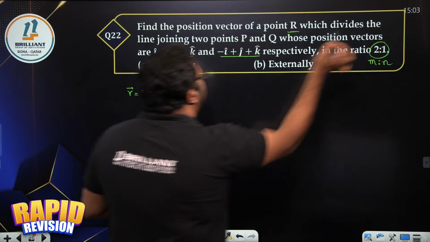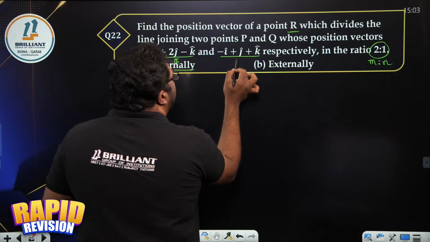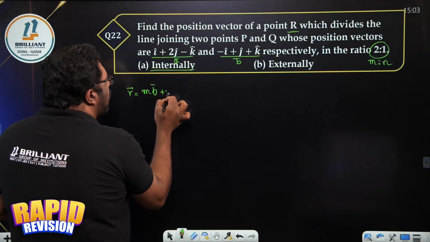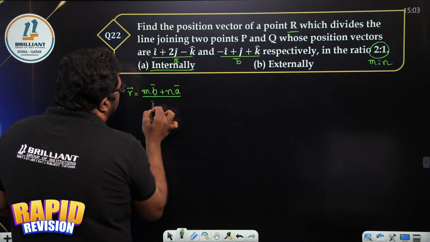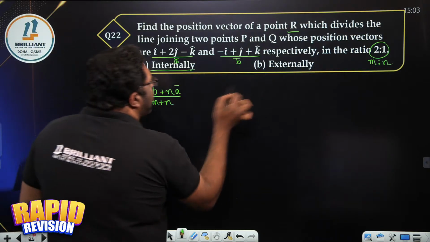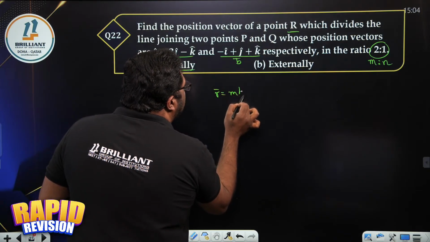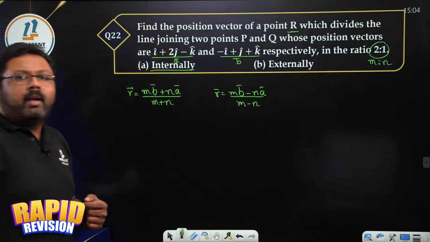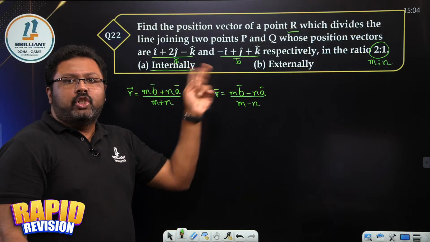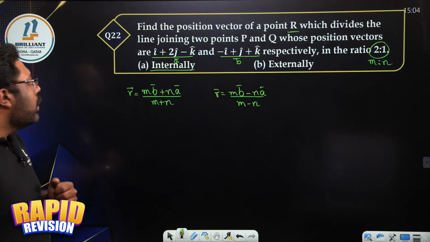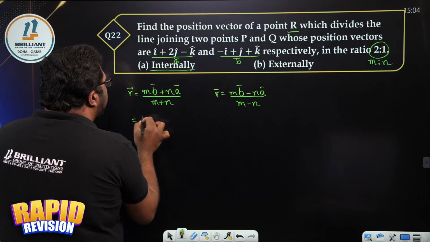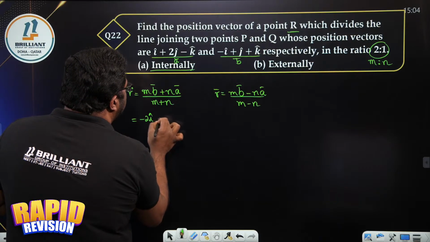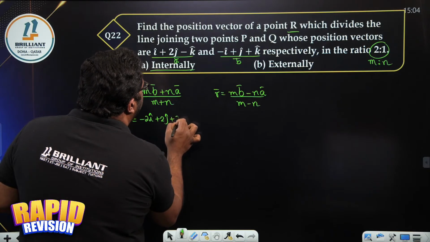In the ratio m:n, the first vector may be called A, the second vector may be called B. Then R vector is M multiplied with B vector plus N multiplied with A vector, by M plus N. For externally, R vector is equal to M B vector minus N A vector by M minus N. This is the formula in which a particular vector divides the join of two vectors in the ratio M is to N. So just keep multiplying 2 with the first vector, minus 2i plus 2j plus 2k.